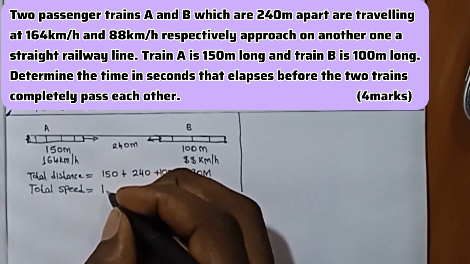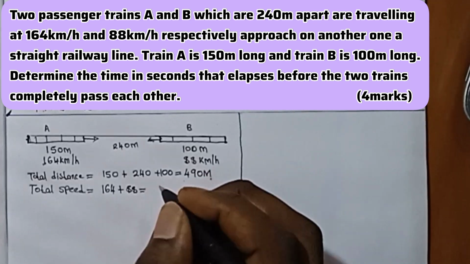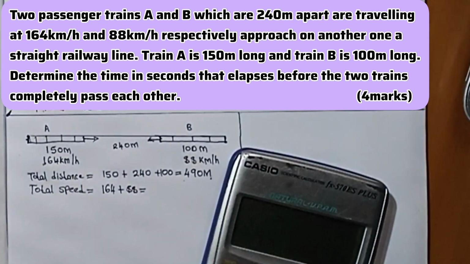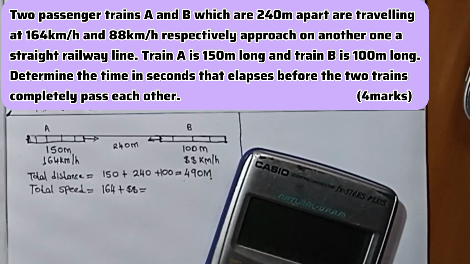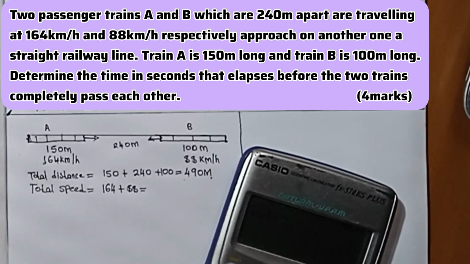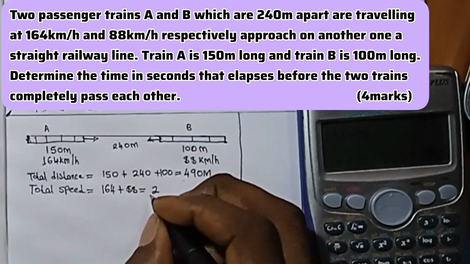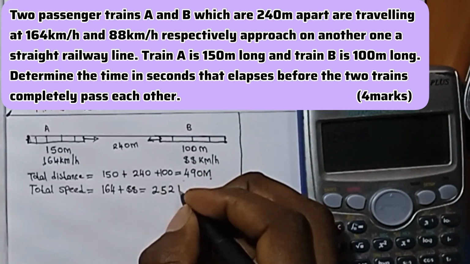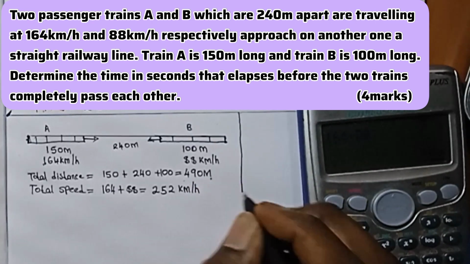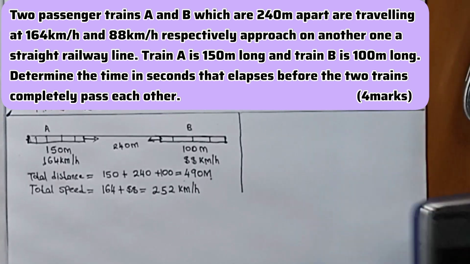So I'm going to have 164 add 88, we are going to have 252 kilometers per hour. So this is the total speed that is covering the distance between.